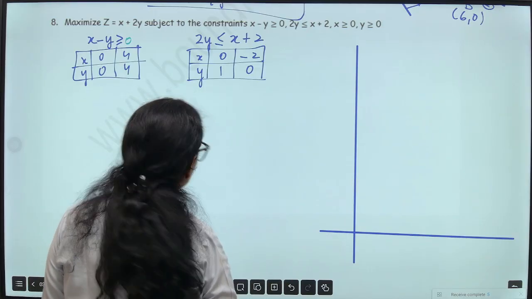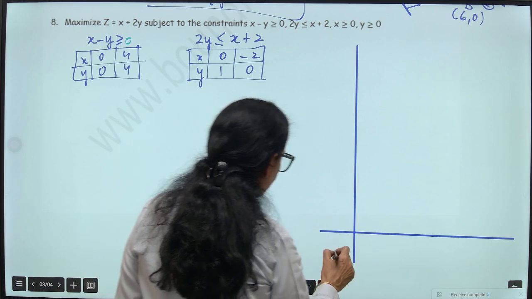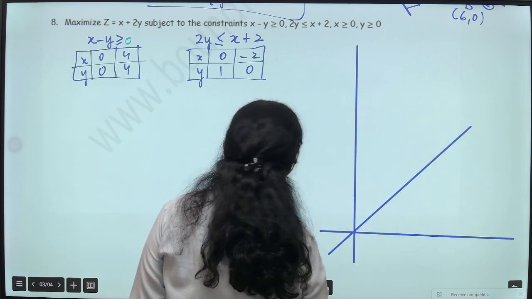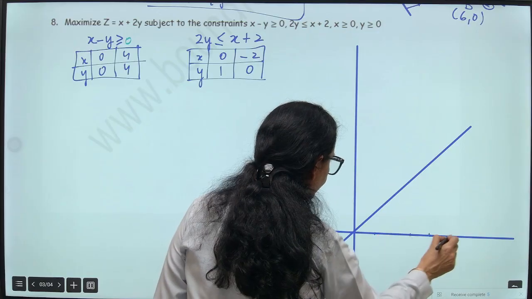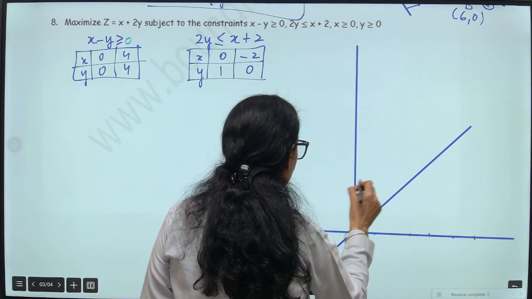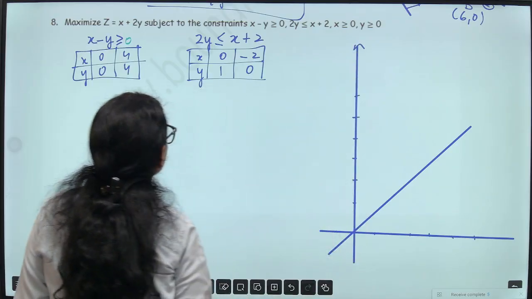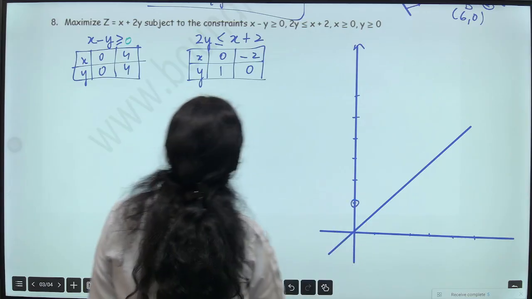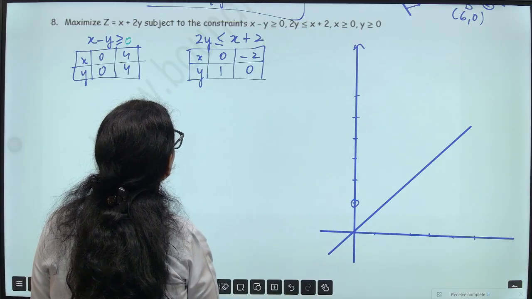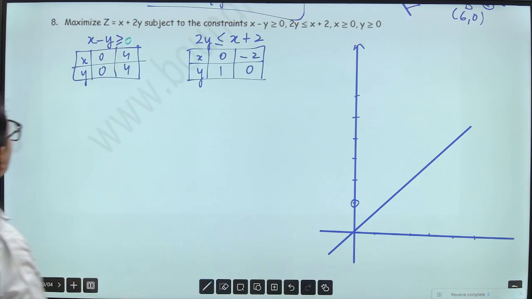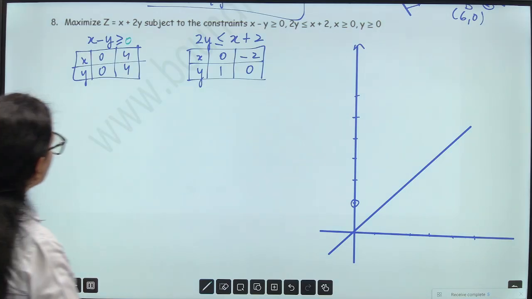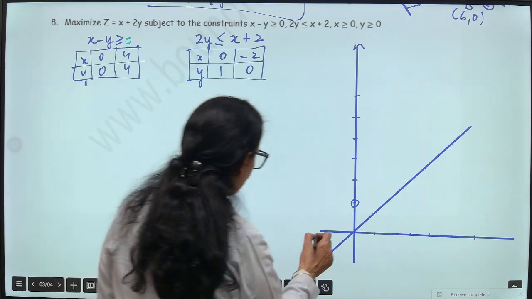Okay, so it is 0, 0 and 4, 4. So the first graph is going to be a straight line like this. Second, x is 0, y is 1. So this is one of the points. And when y is 0, x is minus 2.